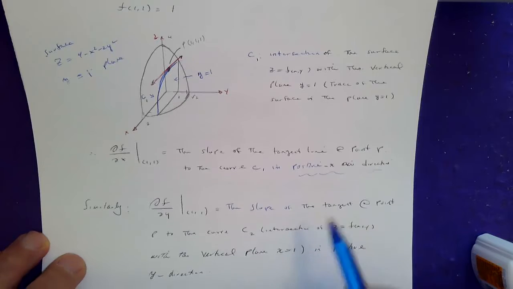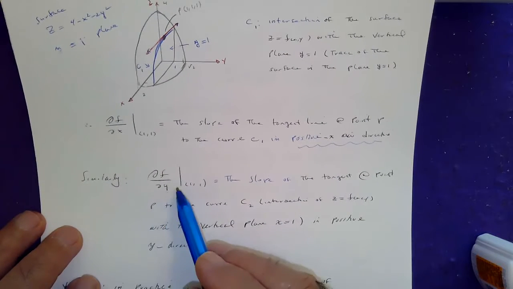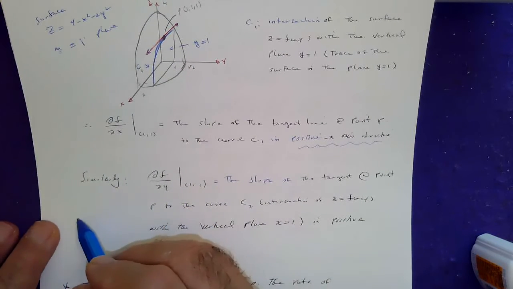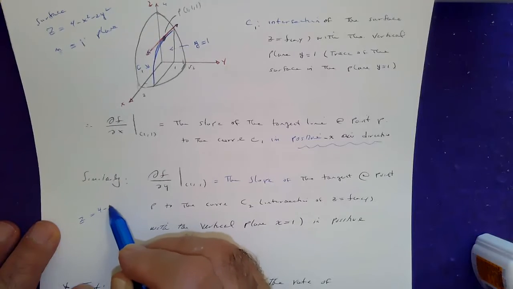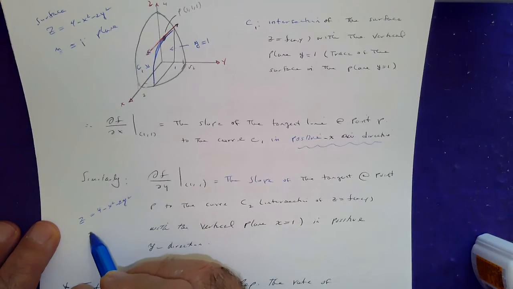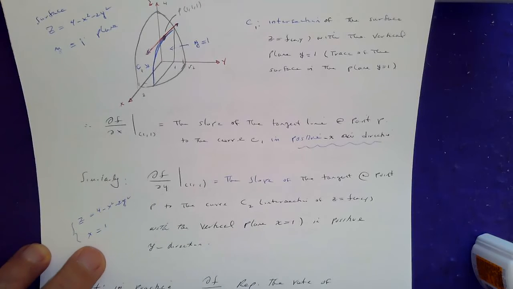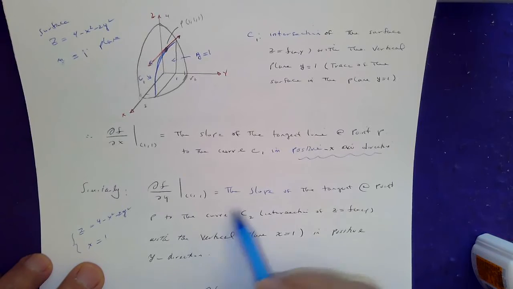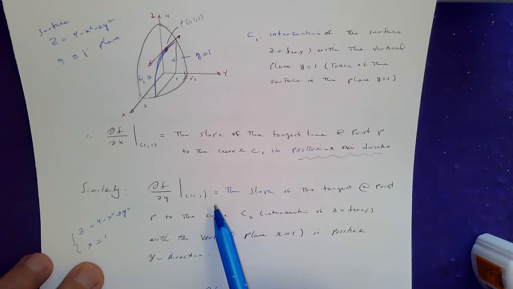Similarly, the partial derivative of f with respect to y would be the intersection of z is equal to 4 minus x squared minus 2y squared with x equals 1, which is a vertical plane parallel to the yz plane.